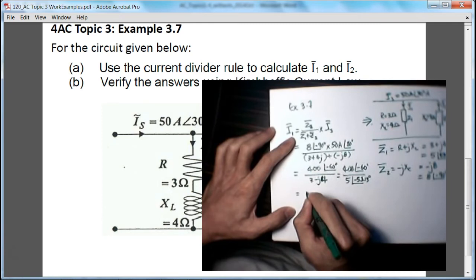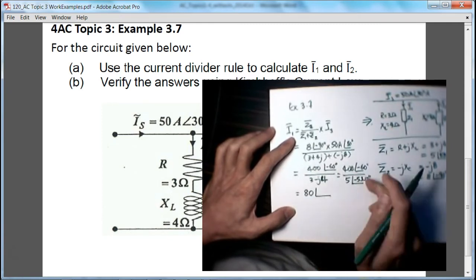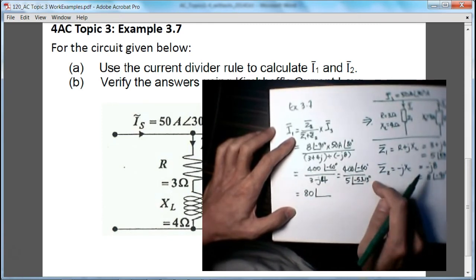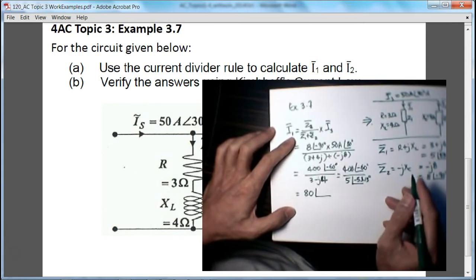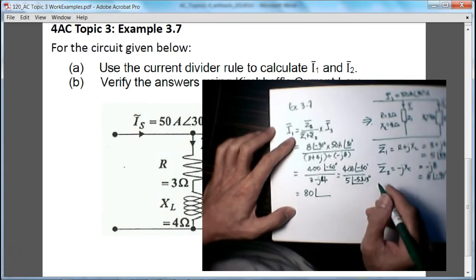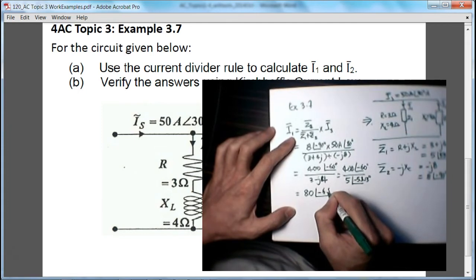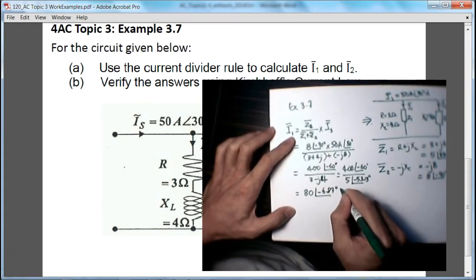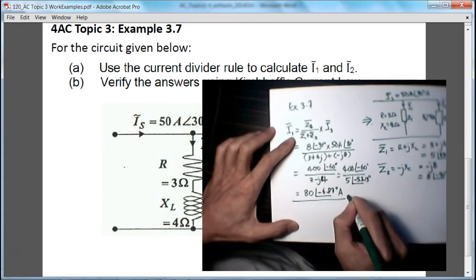That gives me 80 at an angle of minus 60 minus minus 53.13, and that is minus 6.87 degrees. Okay, that's the branch current I1.